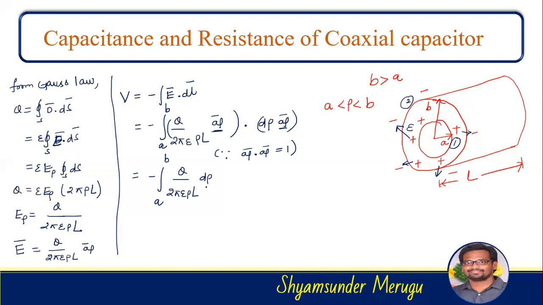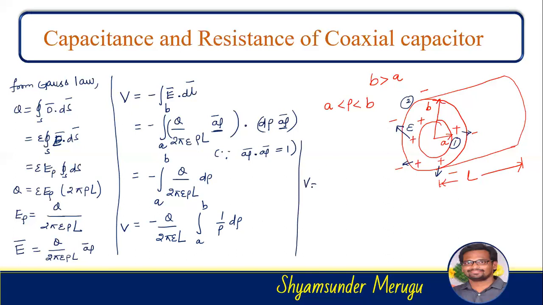This integration is with respect to rho, and all the remaining terms are constants, so we bring them outside. So V equals minus Q by 2 pi epsilon L, integration from A to B of 1 by rho d rho.